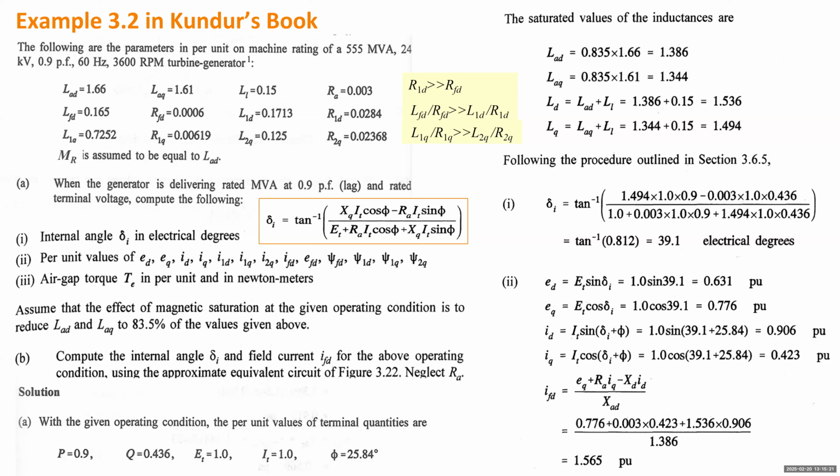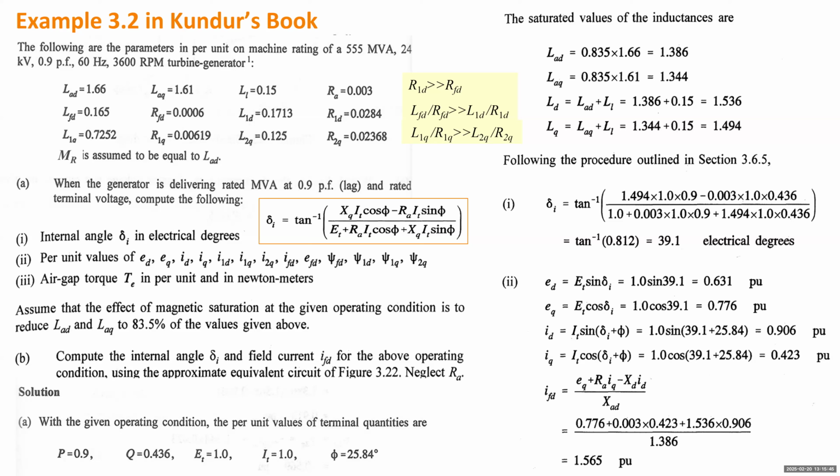Then you just utilize the angle. This angle just indicates the direction of the Q axis. So you can calculate the terminal voltage as a phasor. ED will be a component in the D axis, and this will be the Q axis.